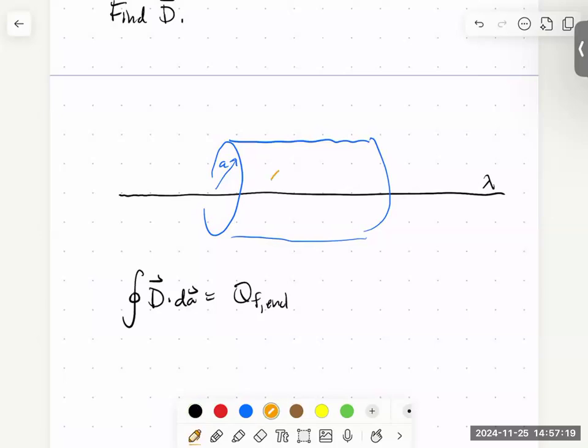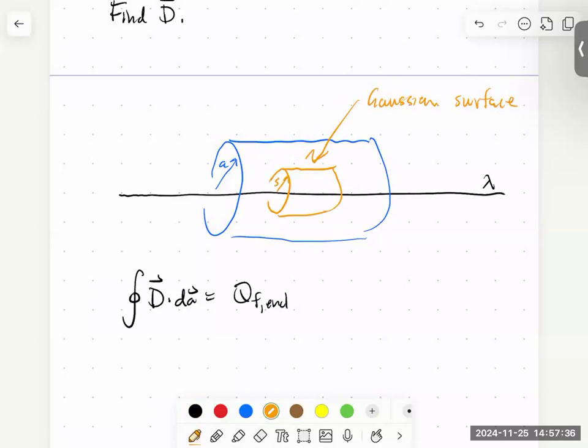And we do all of the same stuff. So we start with a Gaussian surface. So this is our Gaussian surface. And we say, okay, we're going to work in cylindrical coordinates.